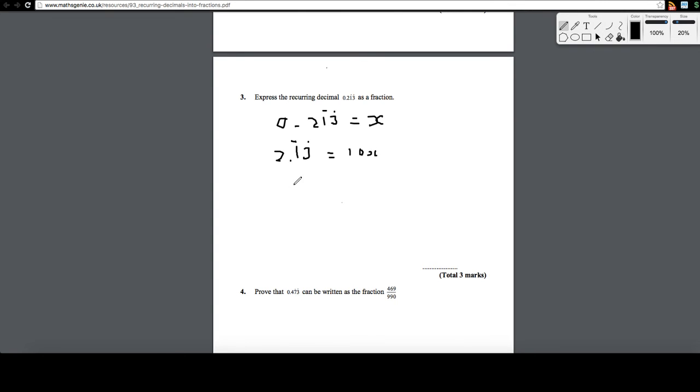0.213 again as a fraction. So if that's 10x, what we will do is 213.13 recurring.